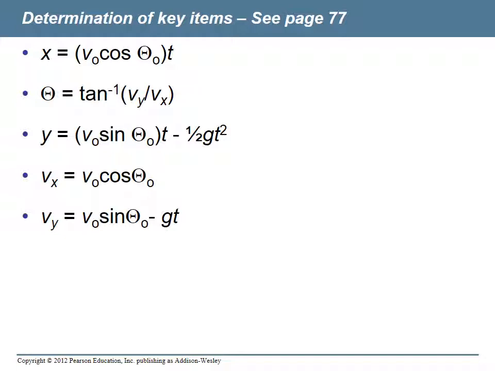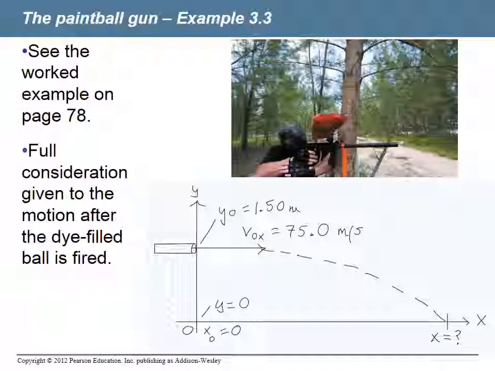Theta is the arctangent of v y over v x. y is v naught sine theta times time minus 1/2 g t squared. v x is v naught cosine theta. v y is v naught sine theta minus g t. All of these are derived in your book, and we'll go over them a little bit more in class, but this is just a list of some of the key equations.